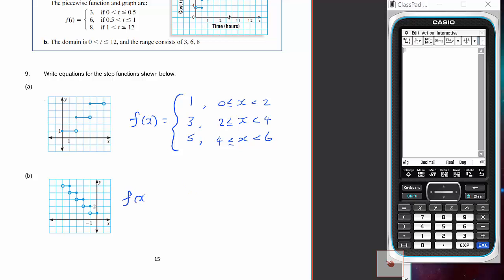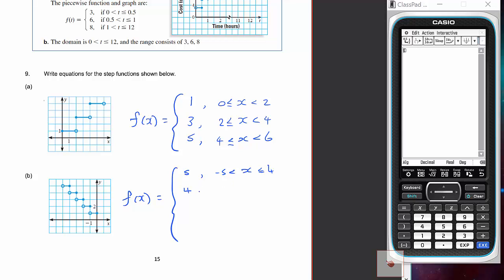Okay, this one here has a few more bits to it. So it's taken the value 5, negative 1, negative 2, negative 3, negative 4, negative 5, from, for x between negative 5 not included and negative 4 included.